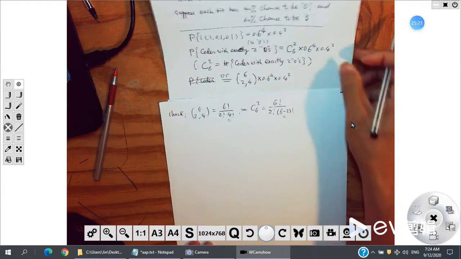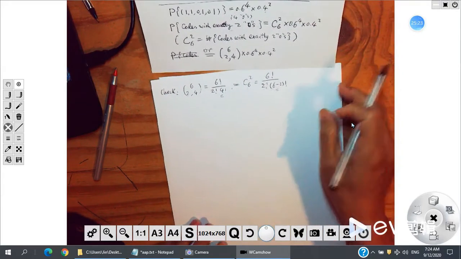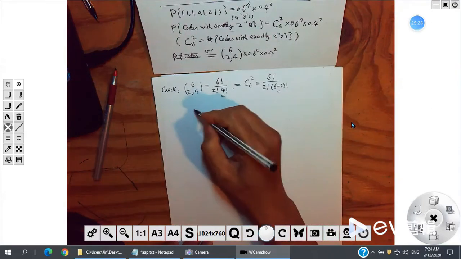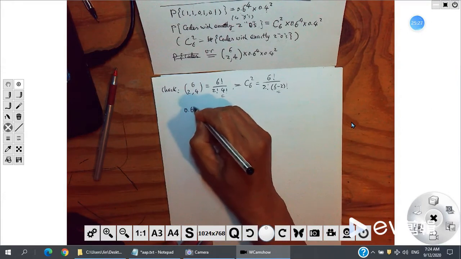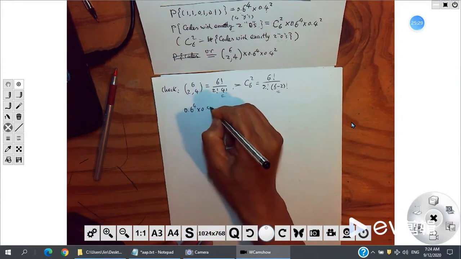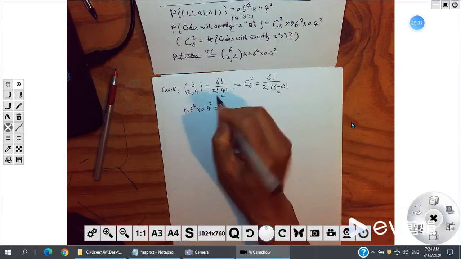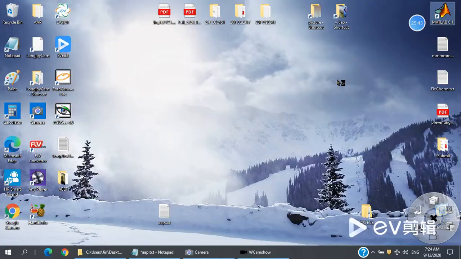And we can see whether the value is large or small. 0.6 to the 4 times 0.4 squared, what is it? I use the computer to calculate.